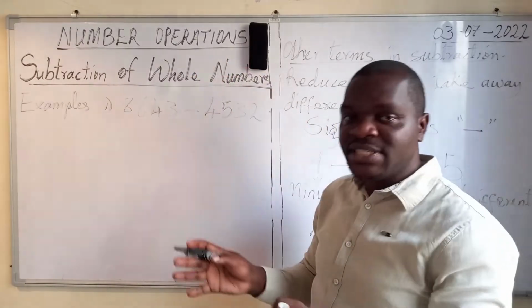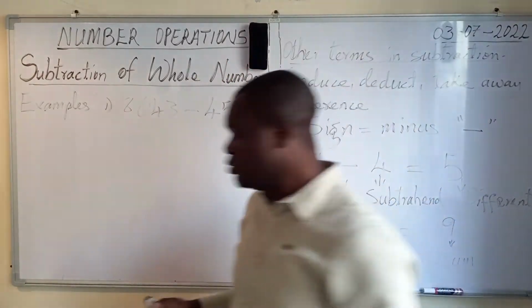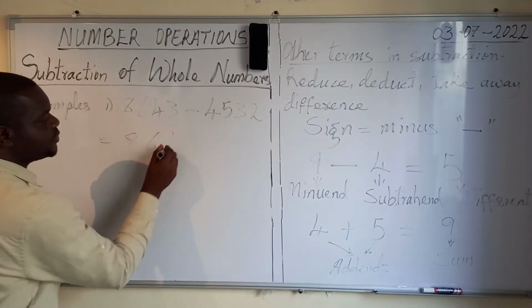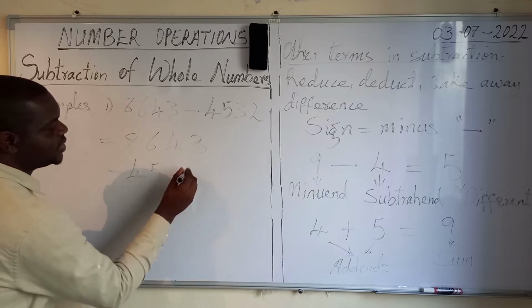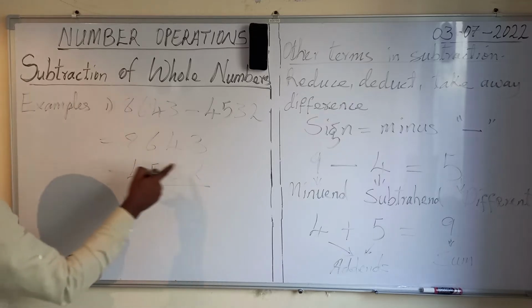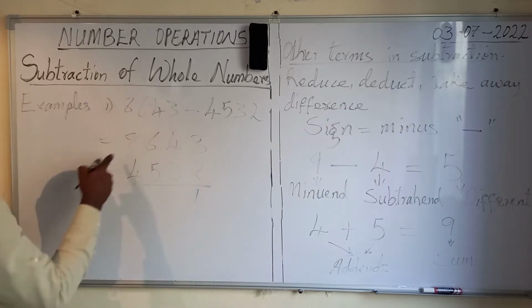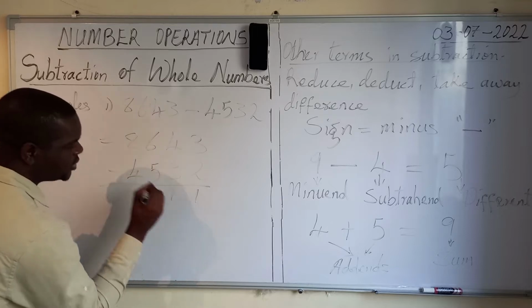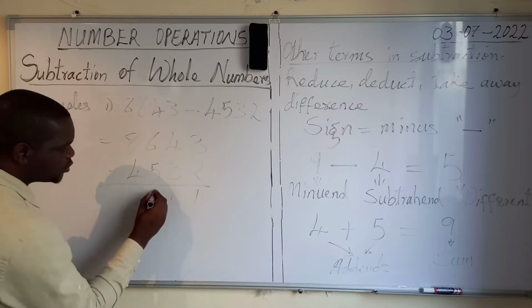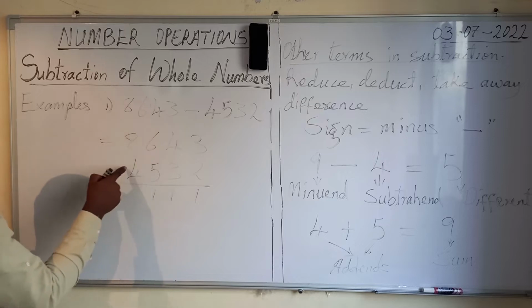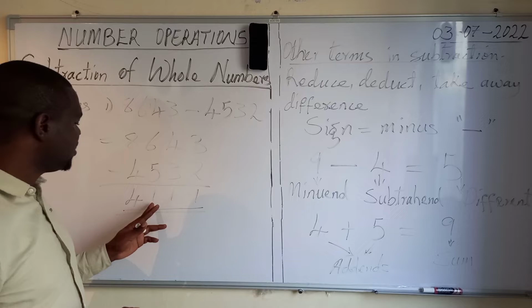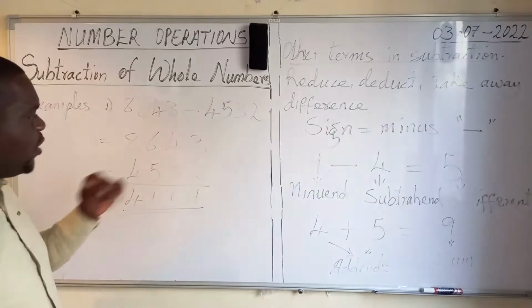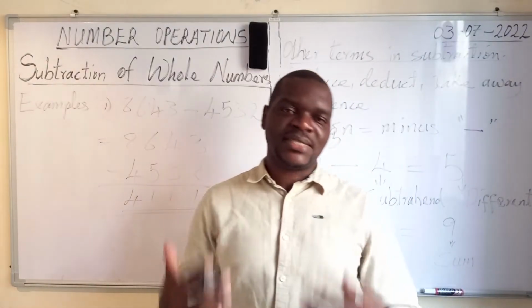When you place them vertically, it is easier to subtract. 8,643 take away 4,532. 3 take away 2 is 1. 4 take away 3 is 1. 6 take away 5 is 1. And 8 take away 4 is 4. Answer will be 4,111.